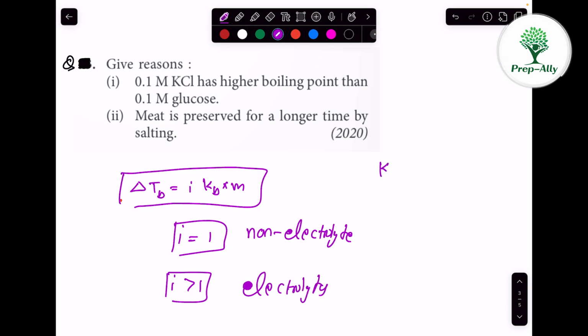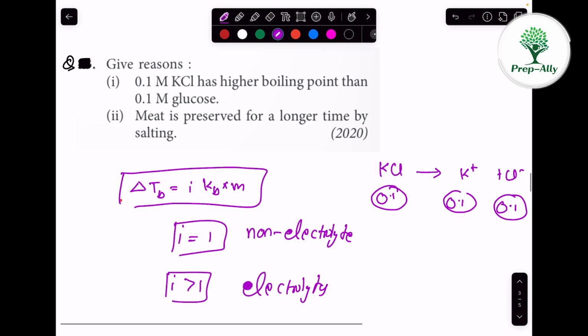So if we take KCl solution, it will dissociate into K positive and Cl negative ion. So we took 0.1 m KCl, but after dissolving it will form 0.1 K and 0.1 Cl. So automatically total number of particles will be 0.2.